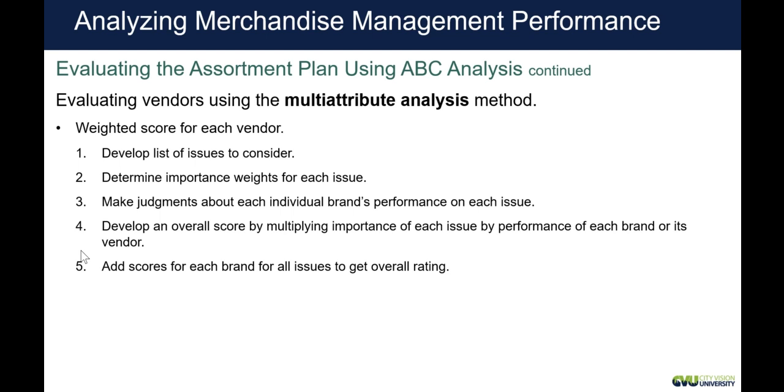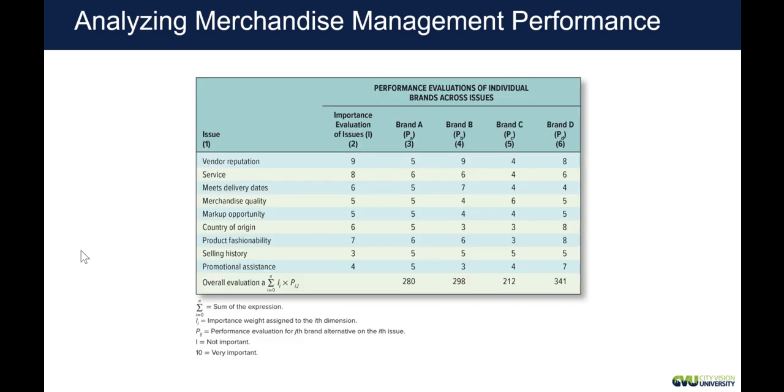The other thing that you want to do is think about your vendors using multi-attribute analysis, right? So look at the variables that you need to think about for your vendors, and you would rank your vendors based on whatever attributes are important. For example, the reputation, their service, do they meet their delivery dates, the quality, markup, right?